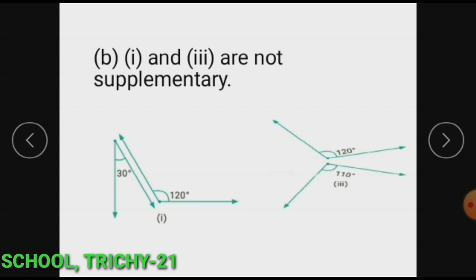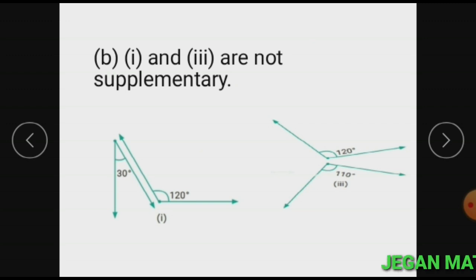And in figure 3, the given angles 110 degree and 120 degree are not supplementary because 110 plus 120 equal to 250, which is not equal to 180. So the given figures 1 and 3 are not supplementary.